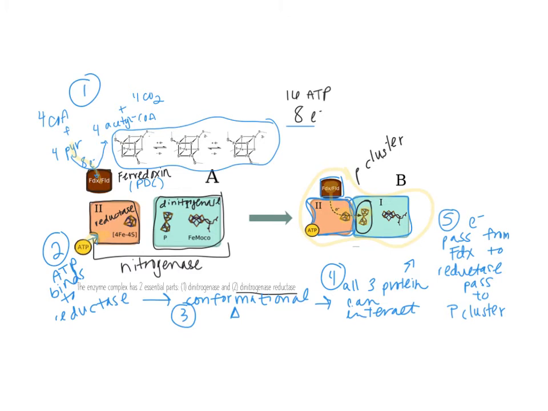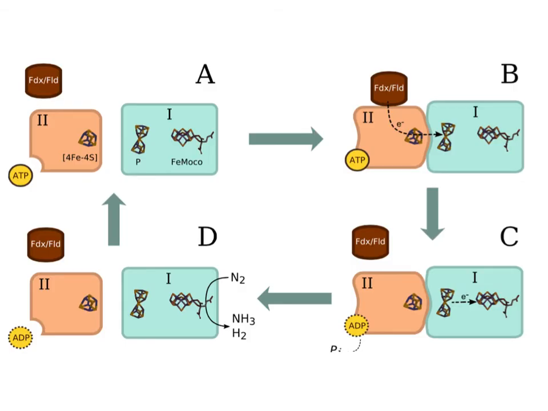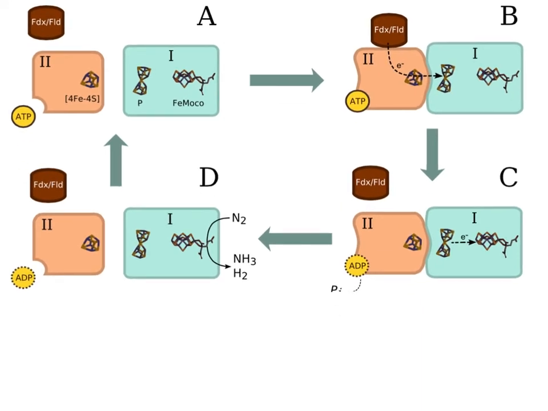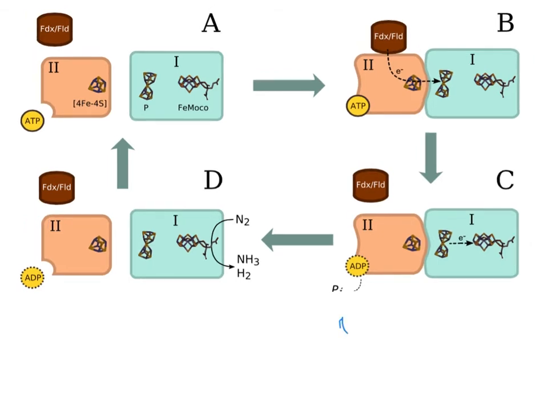Okay, so what was I on? Step 5. This is an overall huge step. So now we're on the bottom half of this diagram. Step 6, down here. A couple things happening at the same time.